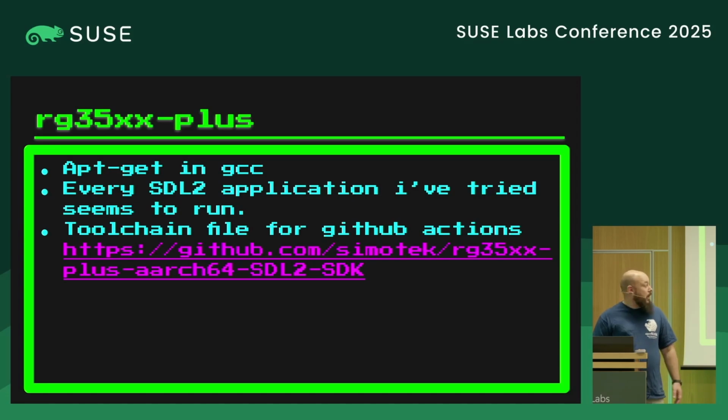I put a link to it down the bottom. I did work out every library that was on there and went to the Ubuntu mirrors, and I created an SDK that you can download and use to compile, because we wanted to build the application in a GitHub action. So I can now use this and a GitHub action to build the LGPT software to run straight on here.